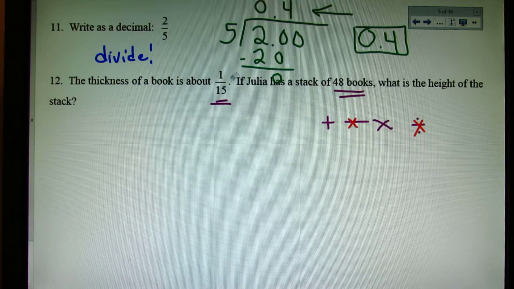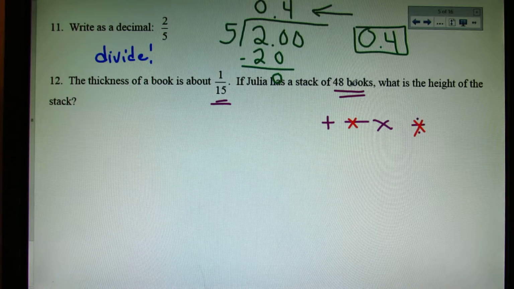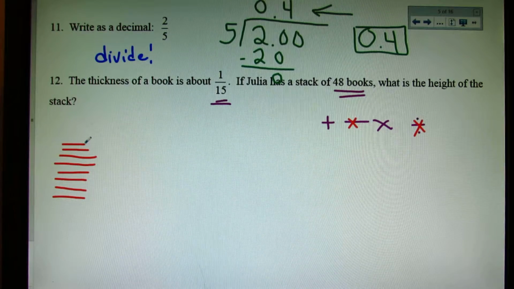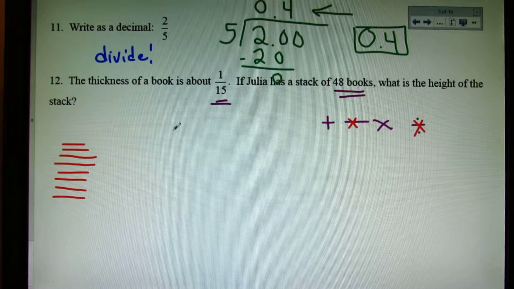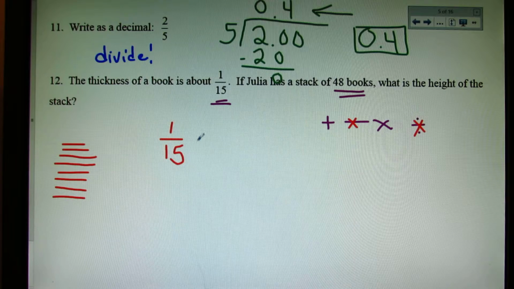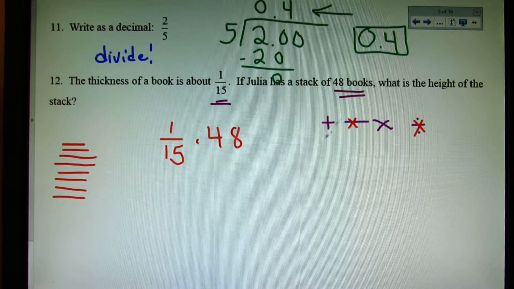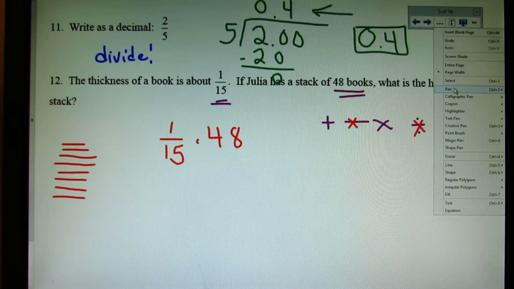So 48 books. Am I going to be adding 1/15 and 48? Or am I going to be multiplying 1/15 by 48? Well, I have 48 books, and each book is 1/15. That's a lot of adding to do. Fastest way to do that is by multiplying. 1/15 times 48. Well, I can't multiply the way these are looking right now.